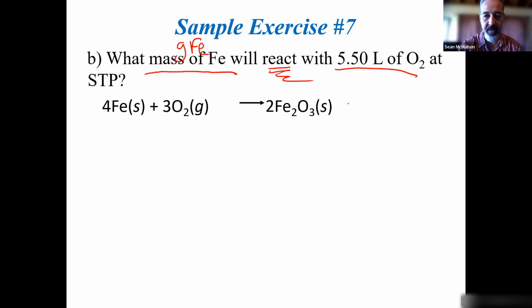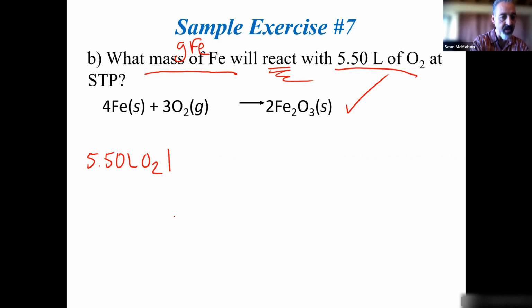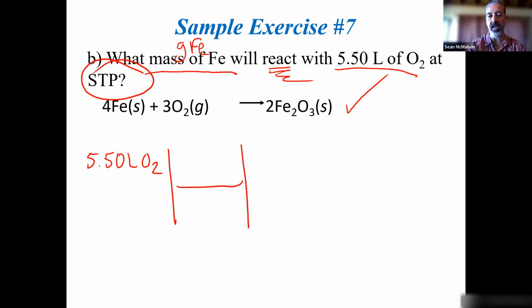So first I need a balanced equation, check. Convert the given units to moles. The units they give me are 5.50 liters of O2, and I need to convert it to moles. Good thing this is at STP, because 1 mole of O2 at STP is 22.4 liters.